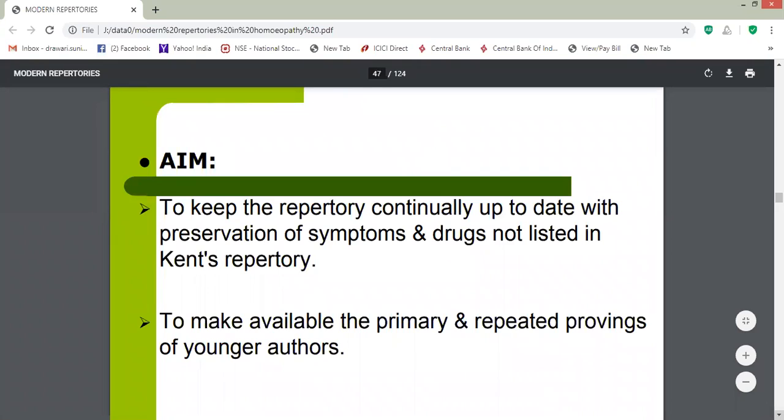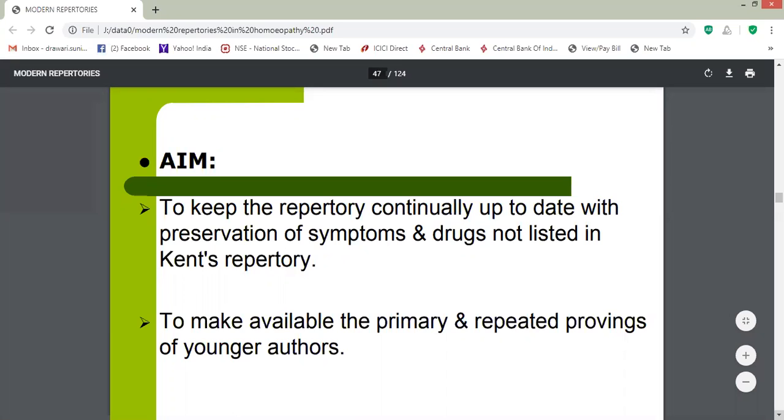What was the aim to construct and publish this repertory? To keep the repertory continually up to date with preservation of symptoms and drugs not listed in Kent's repertory.